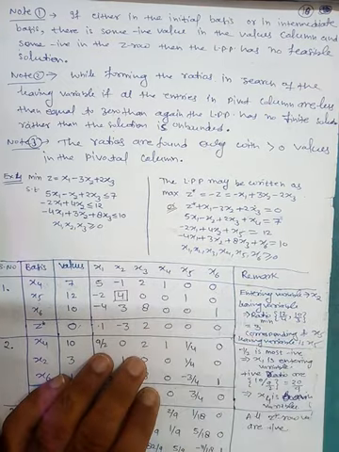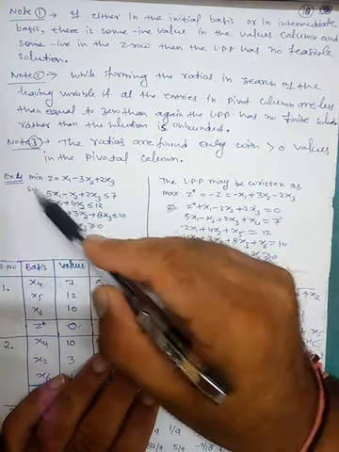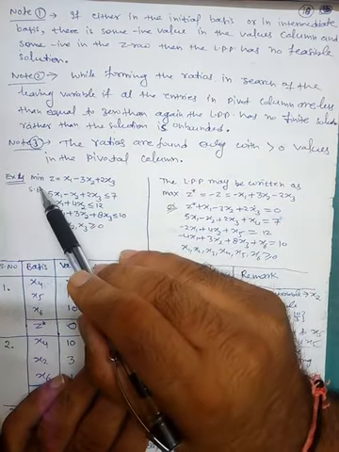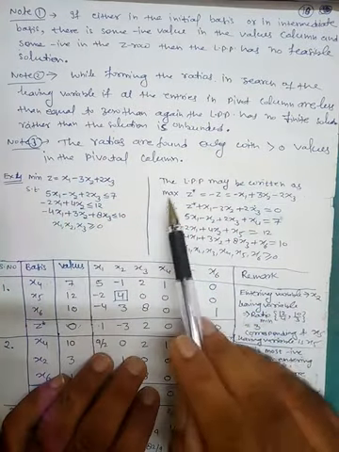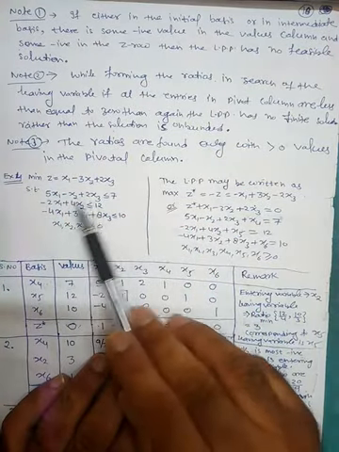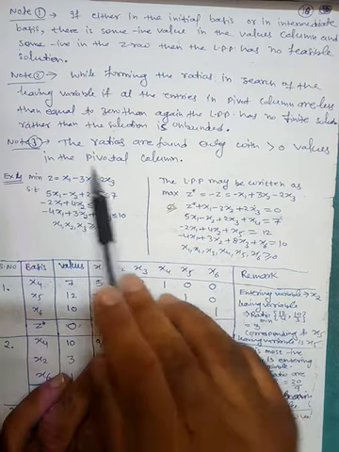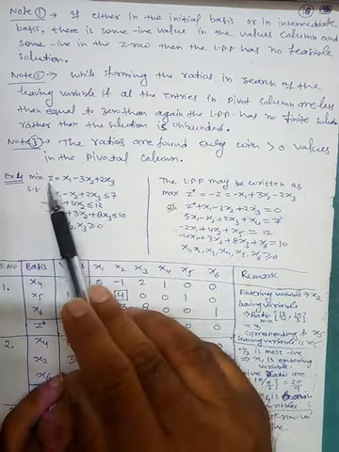First, we will convert the minimization problem into maximization so that we can apply our simplex method. How can we convert minimum to maximum? Just multiply z by minus, a minus sign.